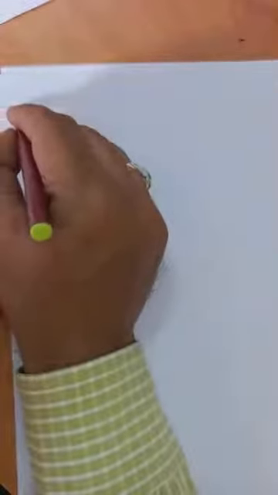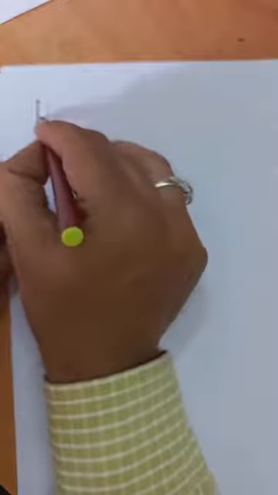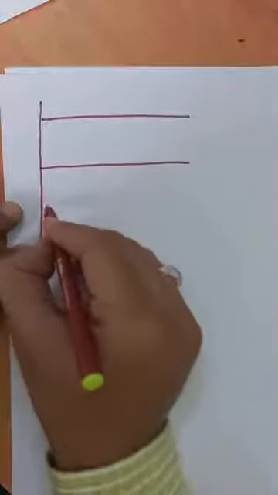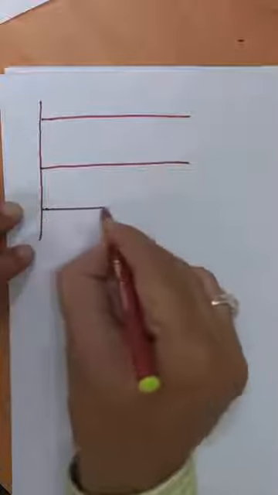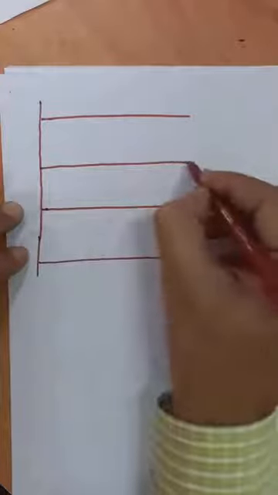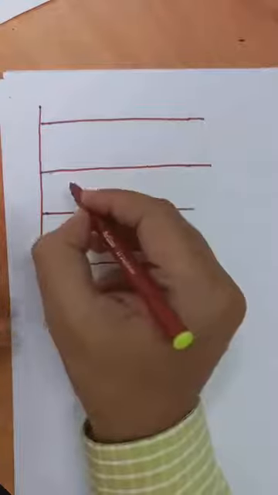Now we draw a figure. This is the figure for tolerances and allowances or fundamental deviation for shaft and hole.